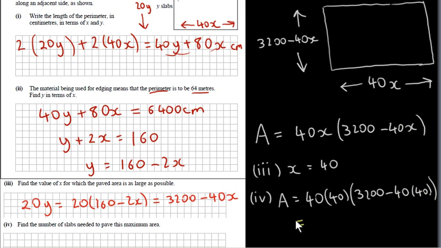Calculating all this, we get 2,560,000 centimeters squared, because this is an area, and we saw earlier that the sides are in centimeters. So when you multiply the sides together, we get an area in centimeters squared.